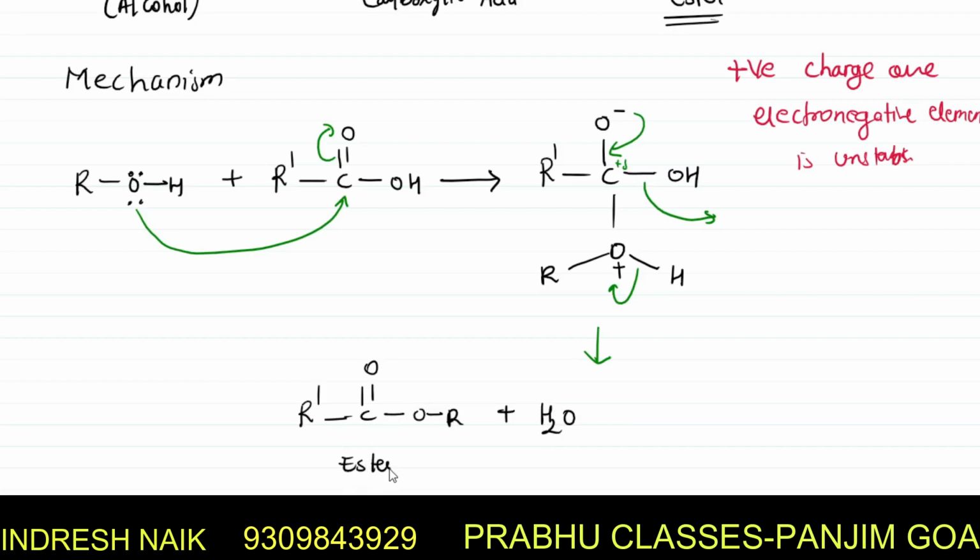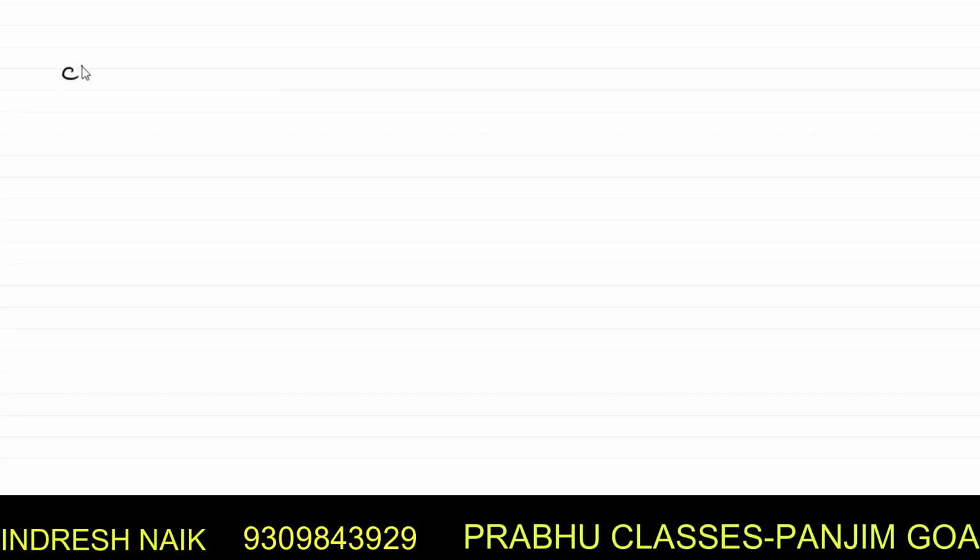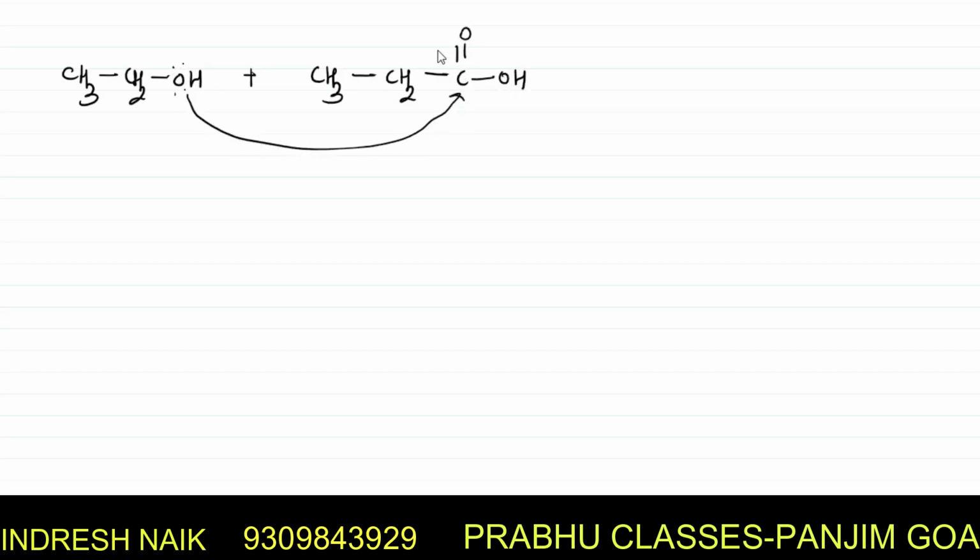This is the ester. Means if we take ethanol and react it with propanoic acid, what will happen? This will attack over here. This bond will go, then the back bond, and this will break, and this H plus will combine, right?